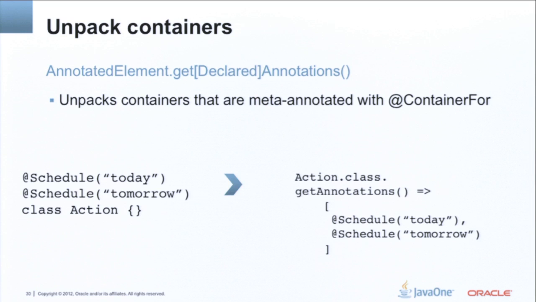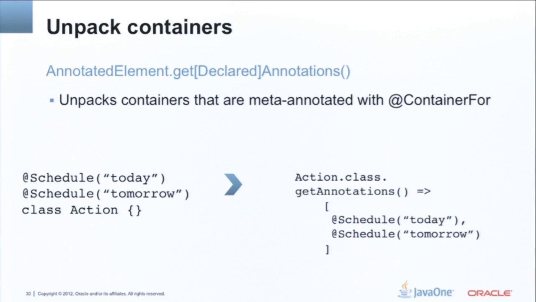What did I mean by that? Given the declaration there, doing getAnnotations on action.class should give you the array of schedules. And as it's actually a container there, this is a bit tricky.